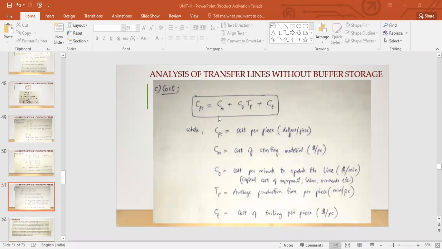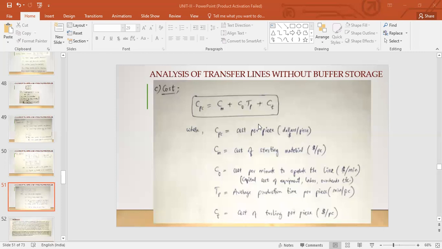Equipment cost, for example. Say the equipment costs like 5 lakhs. How much is the service life? For example, 10 years. So you divide it and you see the service life in hours. So per minute, how much is the cost?